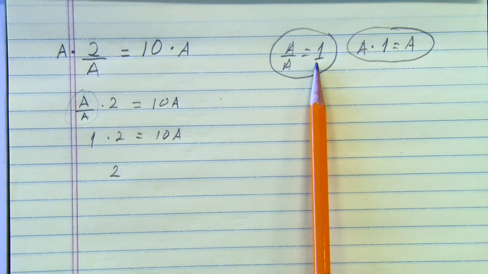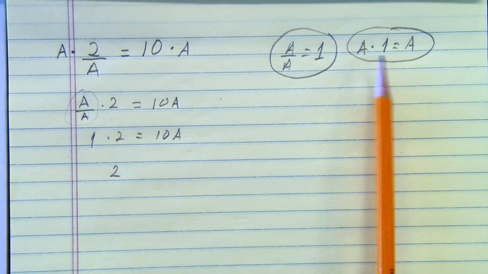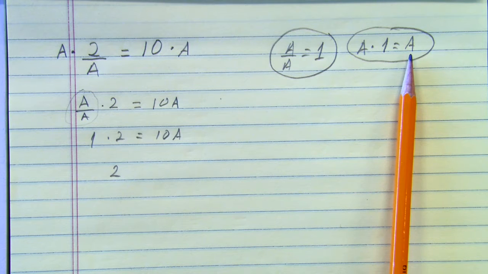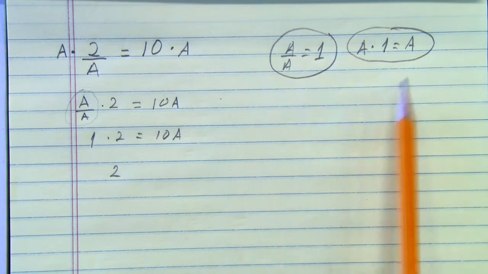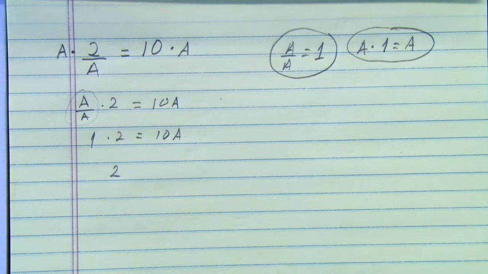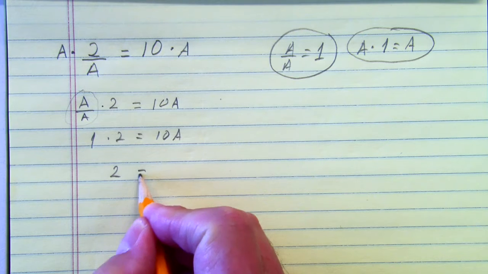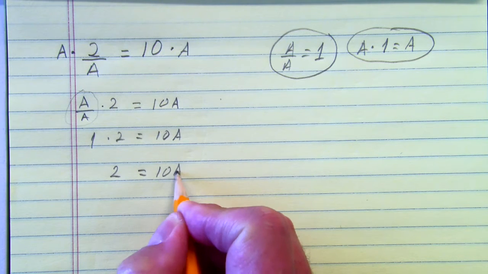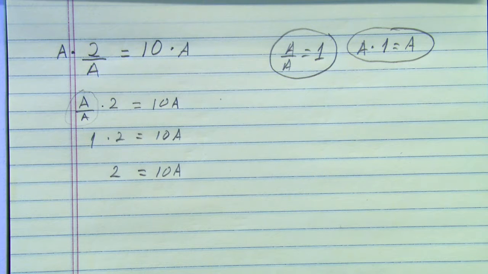Anything over itself is 1, and anything times 1 is itself. Alright? There's an incredible number of things you could do with those 2 relationships. Okay? So now we've got 10a equals 2, or 2 equals 10a.